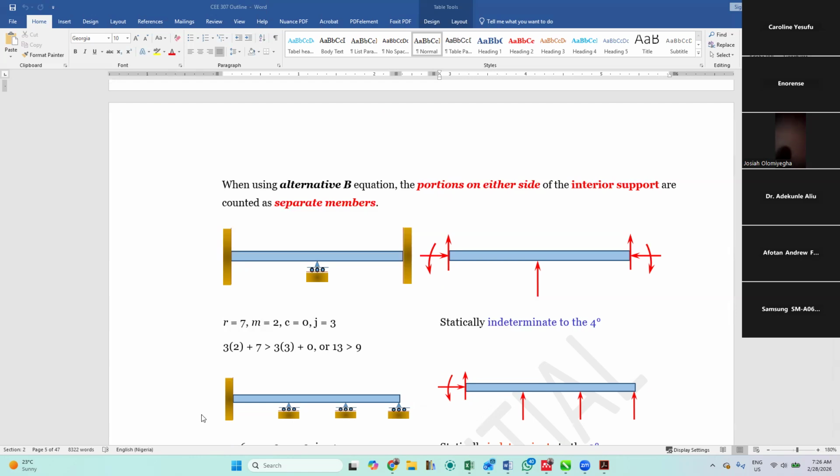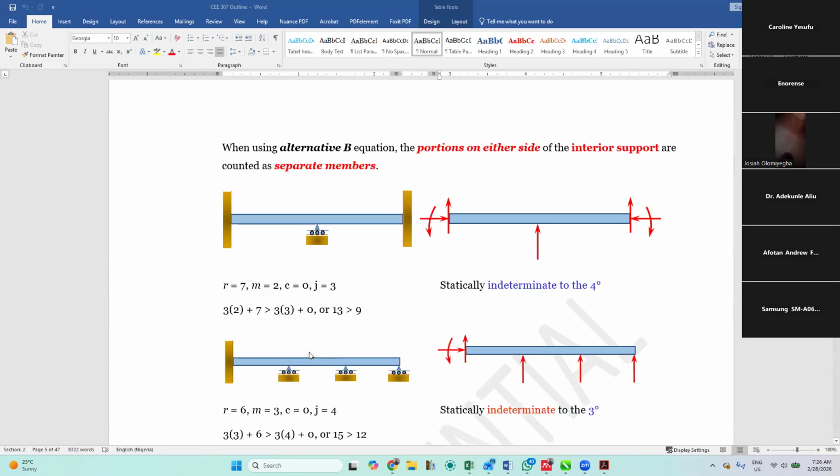How many C? 3. How many J? J now will have 4. You can see that once you are able to write this number of reactions, number of members, the C and the number of joints, your problem is solved.